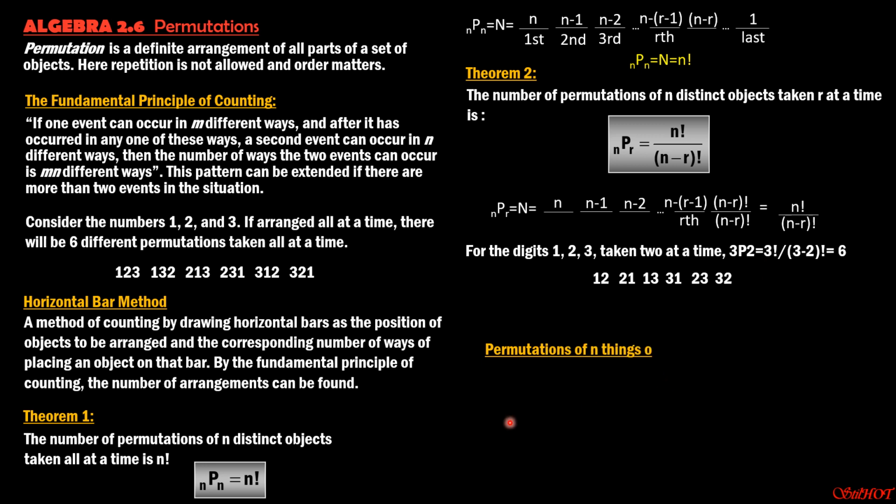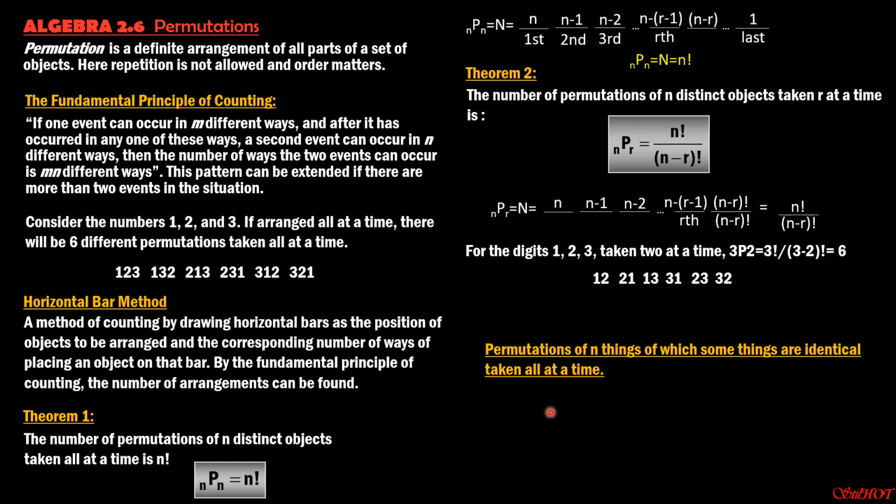Then another arrangement, permutations of n things of which some things are identical, taken all at a time. So this is the number of ways of arranging, for example, words where some of the letters are identical, like Mississippi.